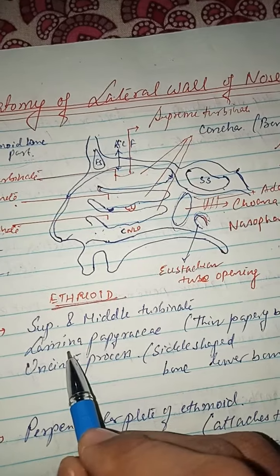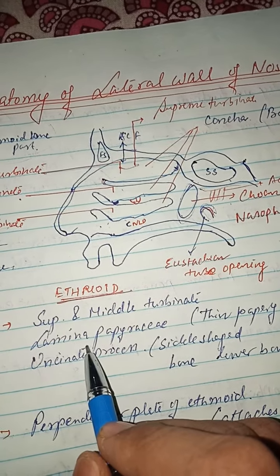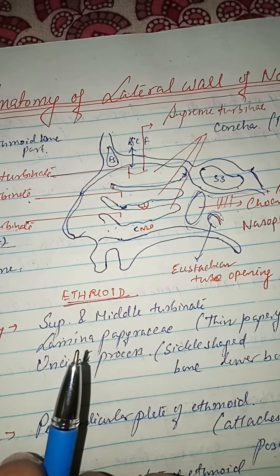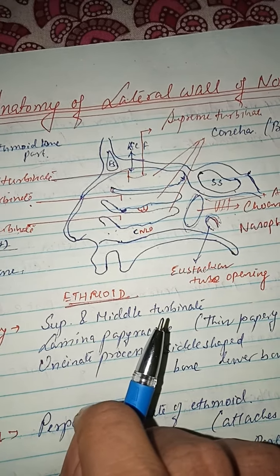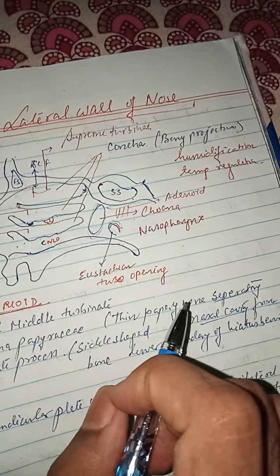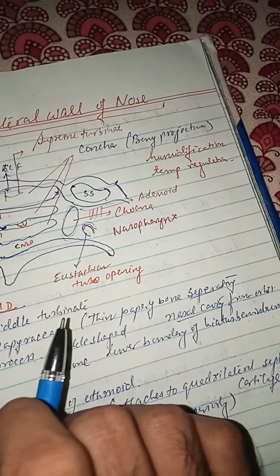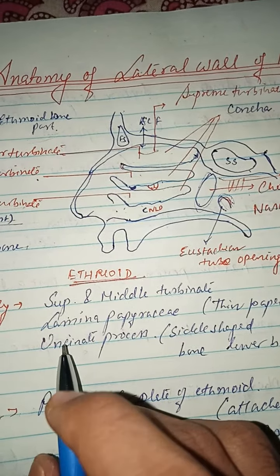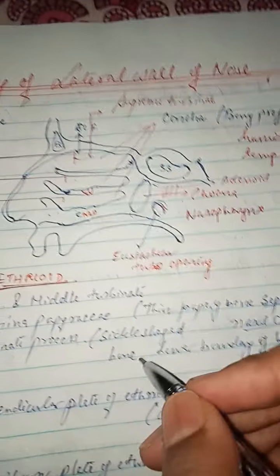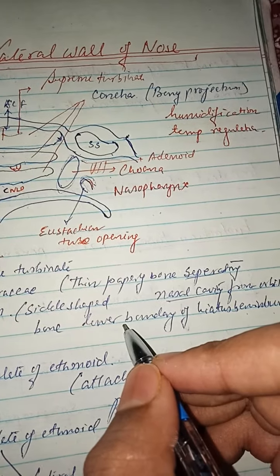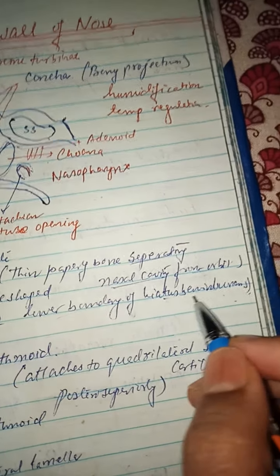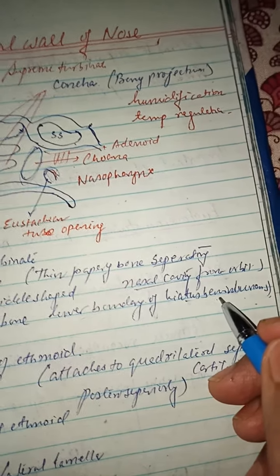If during functional endoscopic sinus surgery we go through the lamina papyracea, then we will reach the orbit and it will injure the orbital structures also. The uncinate process is a sickle-shaped bone which forms the lower boundary of the hiatus semilunaris. In the hiatus semilunaris there is an opening of the maxillary sinus through the infundibulum.